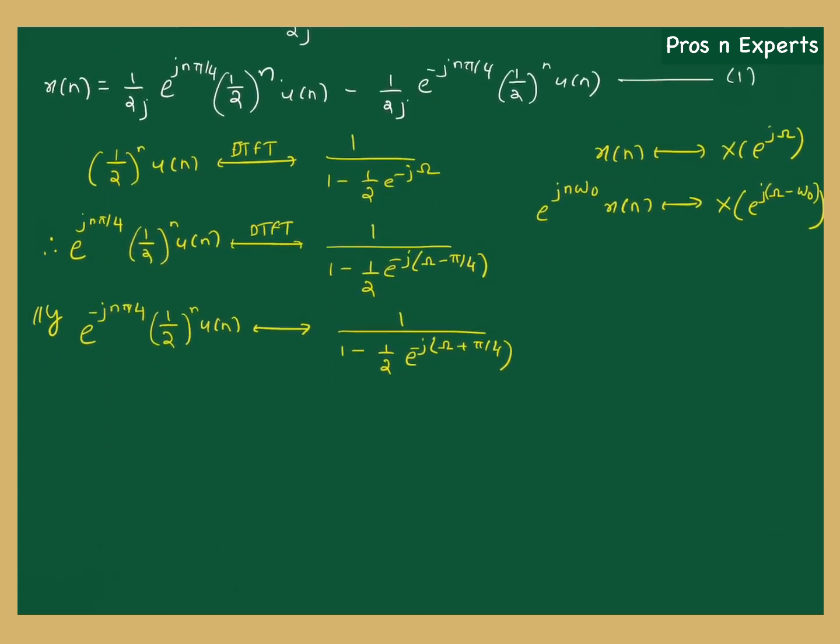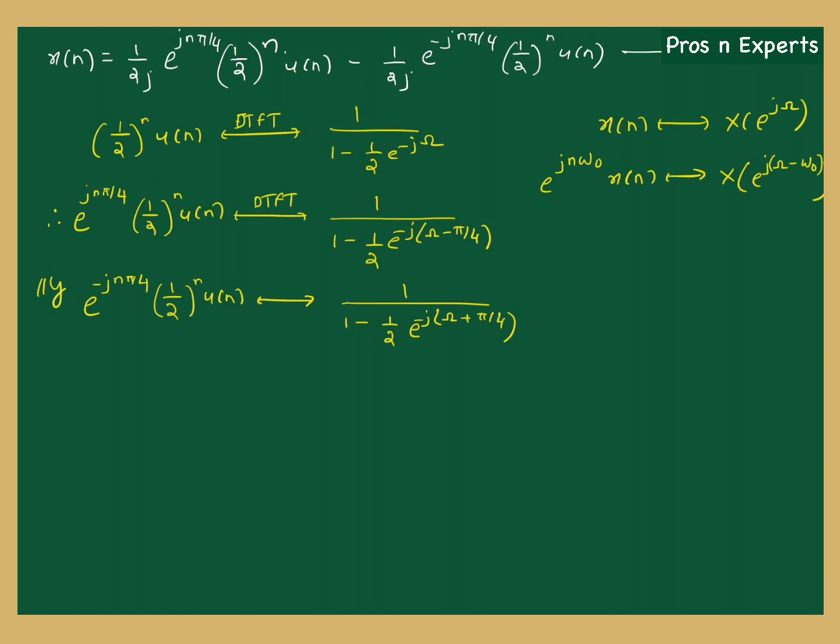Now we can take equation number 1. Therefore, taking equation number 1 and finding DTFT on both sides, X of e raised to j omega, that is what we have to find out in the question, is equal to 1 by 2j into the Fourier transform obtained in equation number 2.